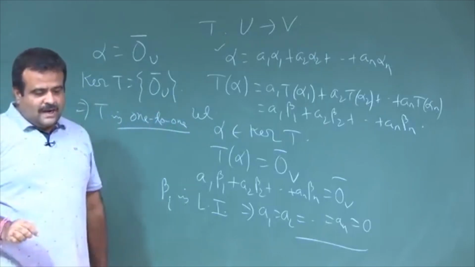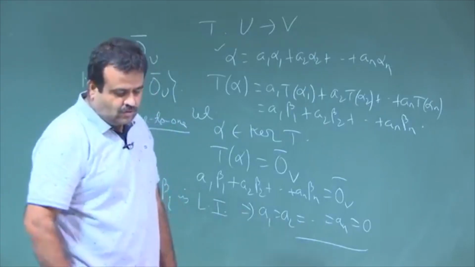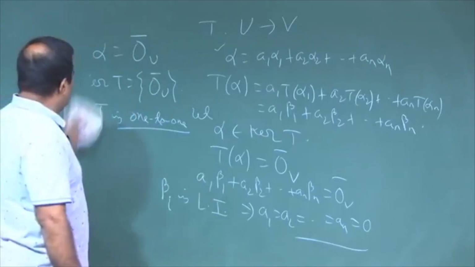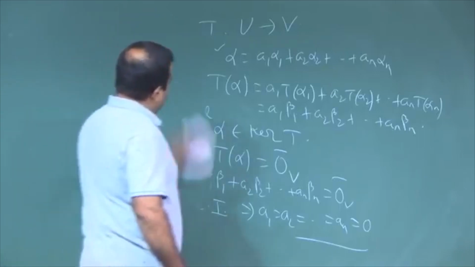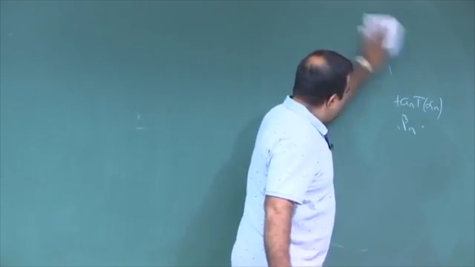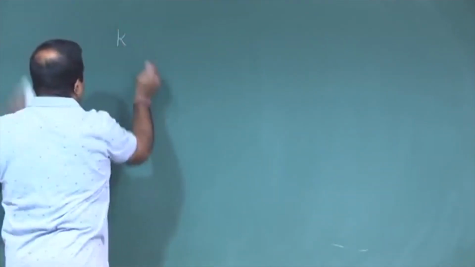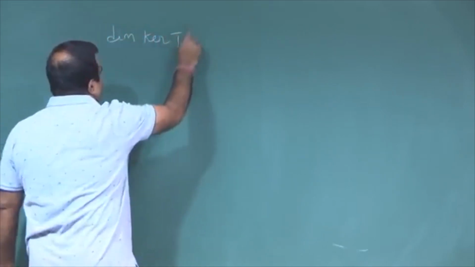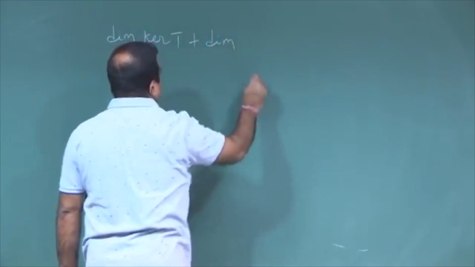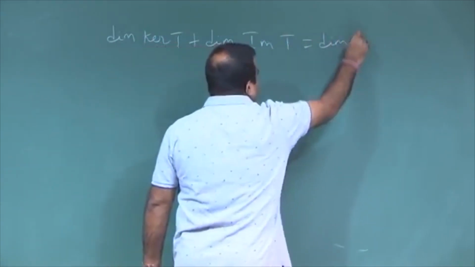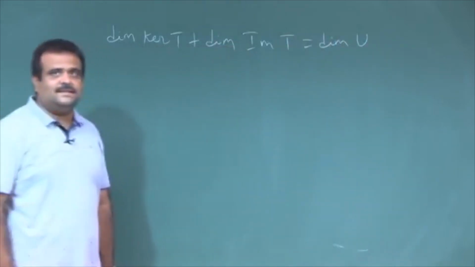Now, we need to show that T is onto also. For that, we will use the rank plus nullity theorem. We know that the dimension of the kernel of T plus the dimension of the range of T is equal to the dimension of U. This is the rank nullity theorem.